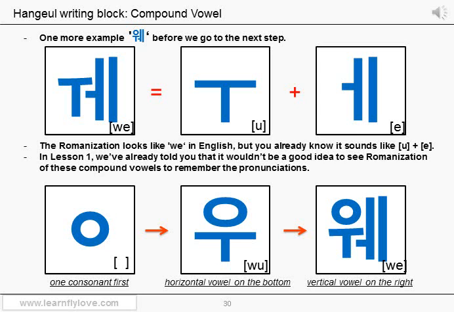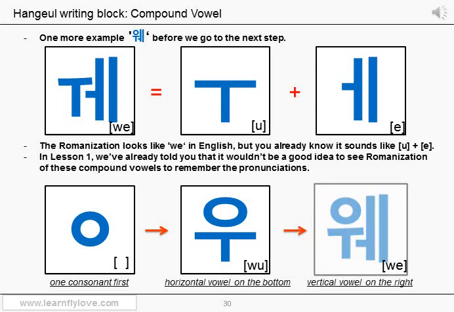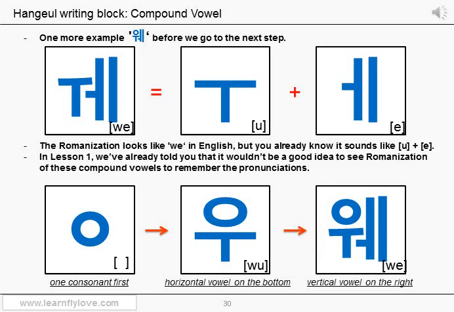Since u consonant doesn't have any sound besides the empty sound with the open throat, when it combines with a vowel without any final consonant, the entire block makes the same sound that the vowel has. So this letter makes the same sound that we vowel has. It's just we with the u consonant as an initial.